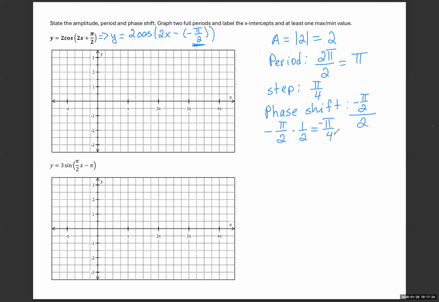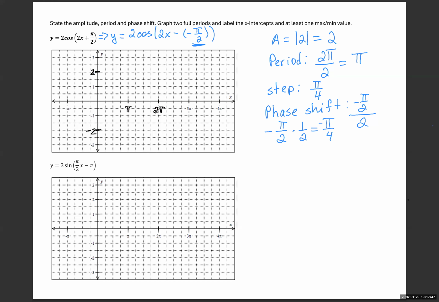I'm going to go ahead and label the axis just so we can see it a little more clearly. So on the y-axis, I will need this 2, and I will need this -2 value. On the x-axis, my period is pi. Let's just stick with the labels that are already here. 2 pi.